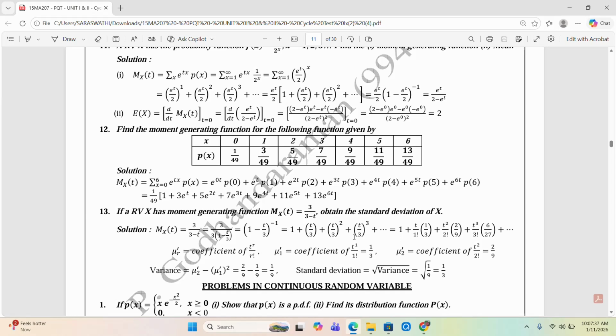And for t cube by 27, first we write the expression as t cube by 3 factorial, and the remaining constant is 6 by 27.